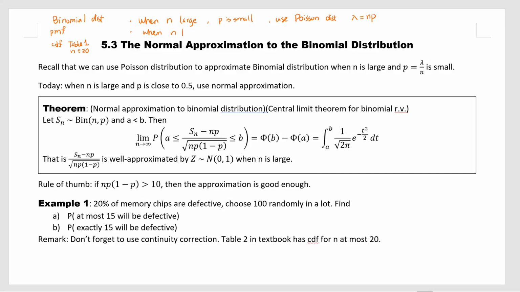When n is large and p is not small, I mean close to 0.5, then we use the normal distribution to approximate it. Because the normal distribution is a continuous distribution, when we use a continuous random variable to approximate a discrete random variable, we need to use continuity correction.